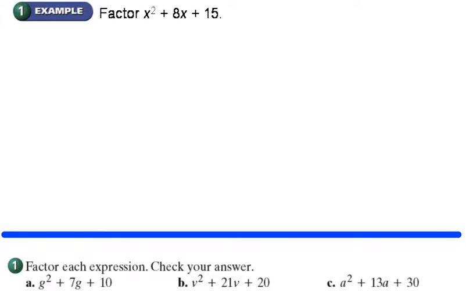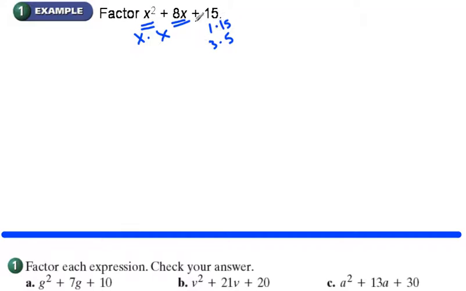Now, how can we get x squared? We can only get x squared from x times x. Now, how can we get 15? We can either do 1 times 15 or we can do 3 times 5. Well, we want to use whichever terms will give us the sum of the middle number.